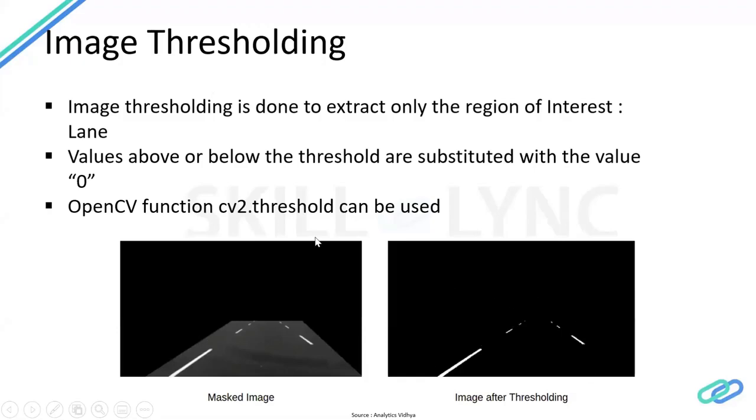OpenCV readily has a method called cv2.threshold, which enables you to achieve this, to threshold them and only have things that are of interest. Thresholding is a very useful procedure when you know what range the pixel values of those areas of interest are going to be in, so that you can readily filter the other areas out.